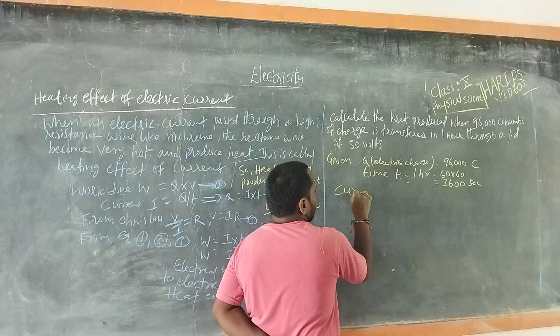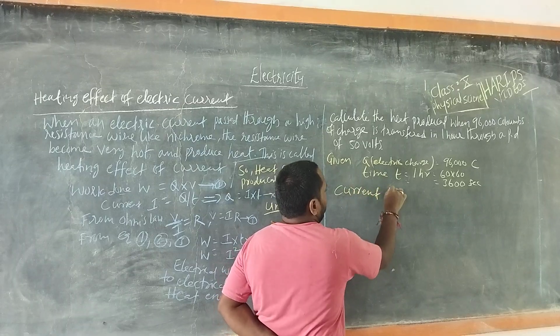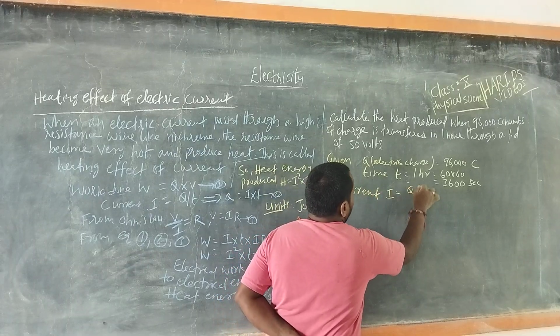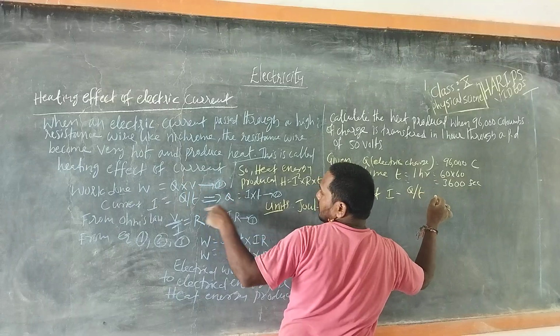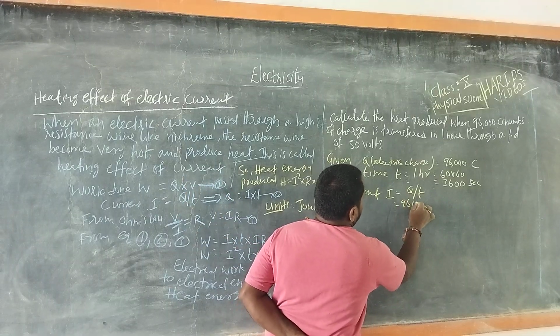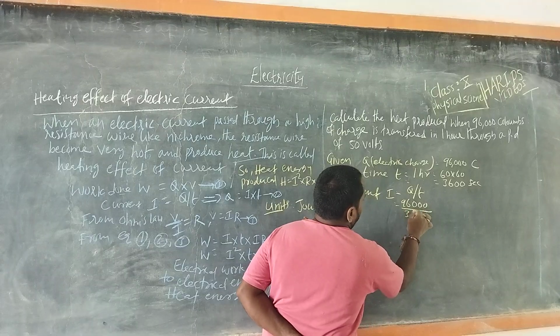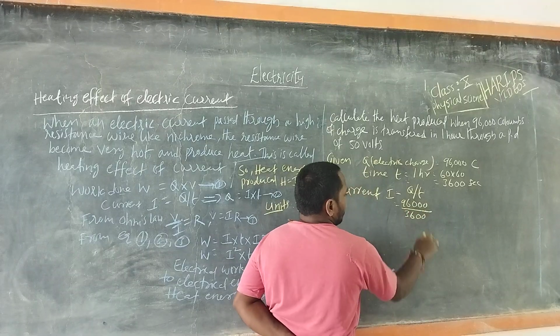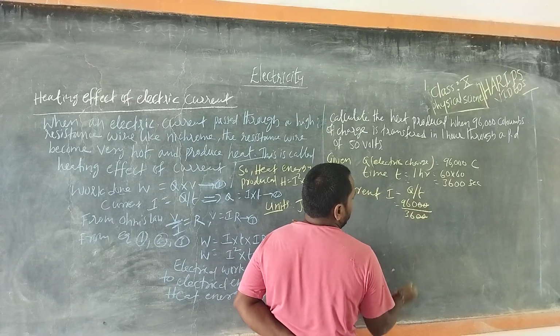Then calculate current. Current I is equal to, we know, Q by T. That is equal to 96,000 by 3,600. So zeros get cancelled.